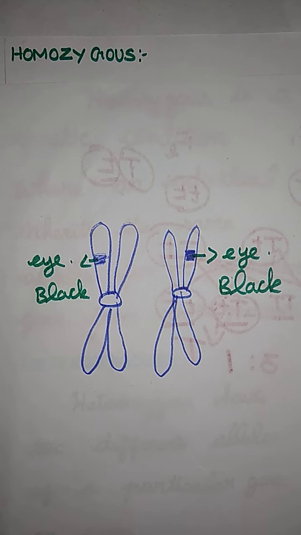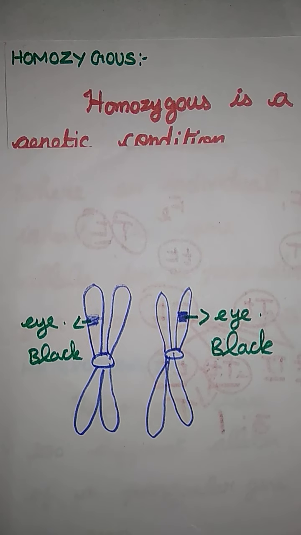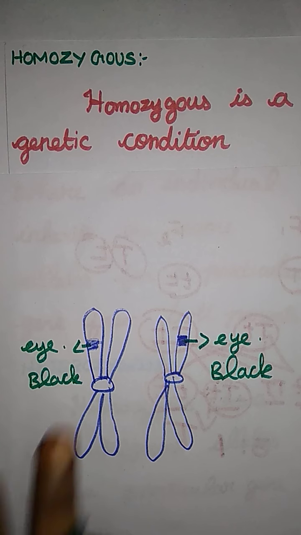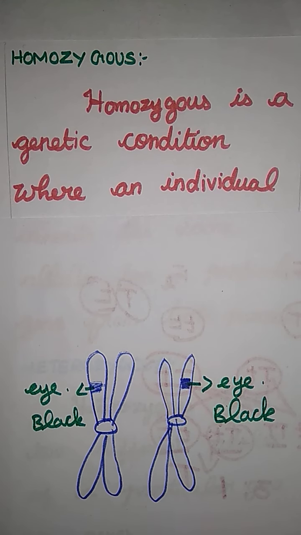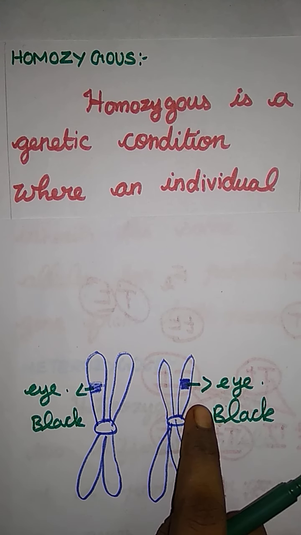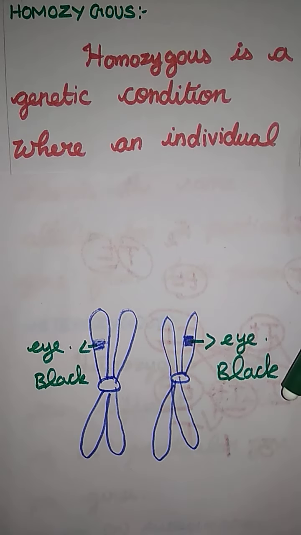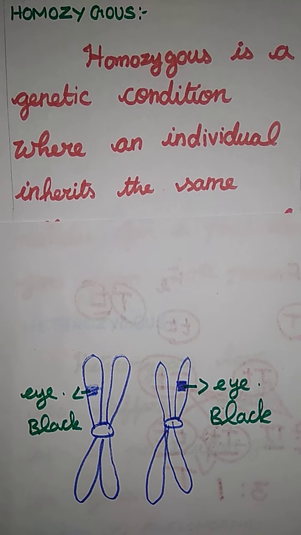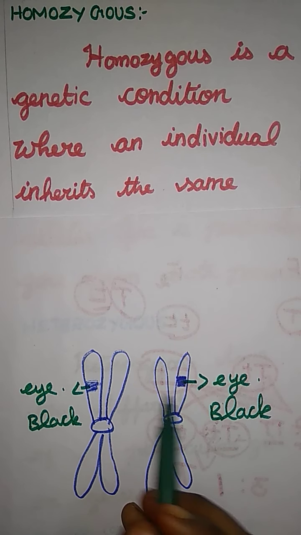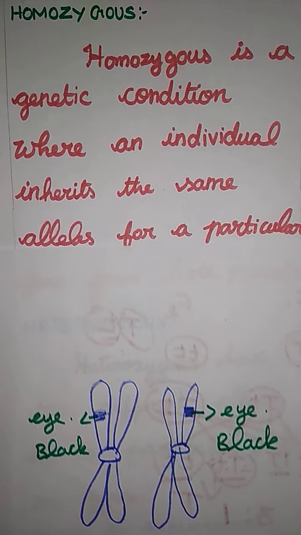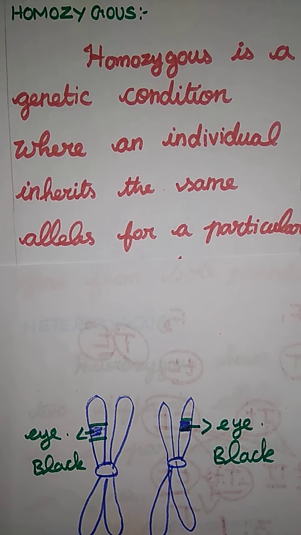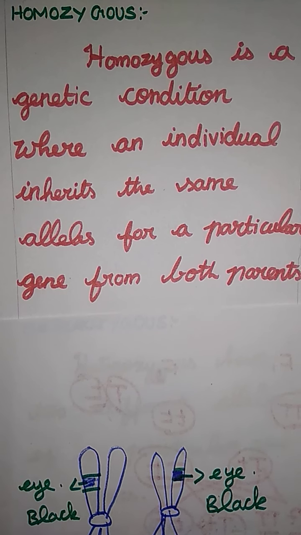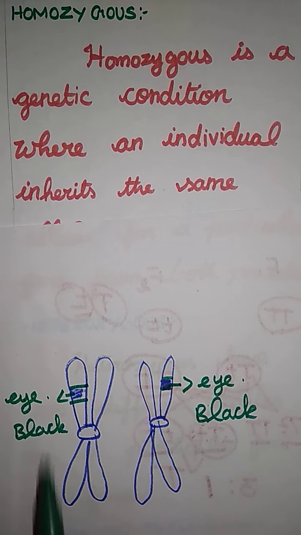Now we are going to see the definition of homozygous. Homozygous is the genetic condition where an individual, this one individual and this another individual, inherit the same alleles of a particular gene from both parents.